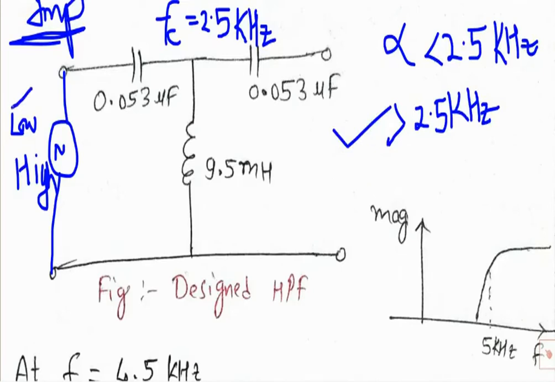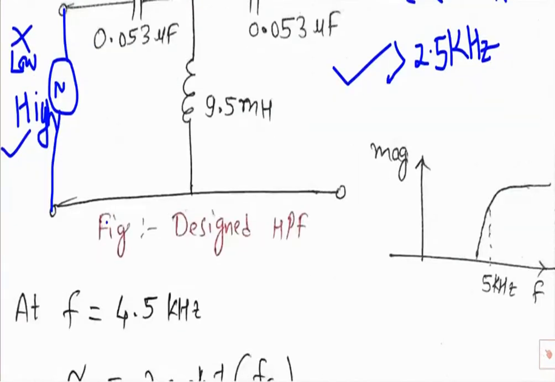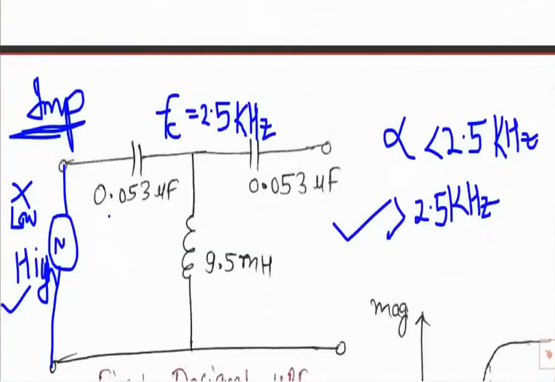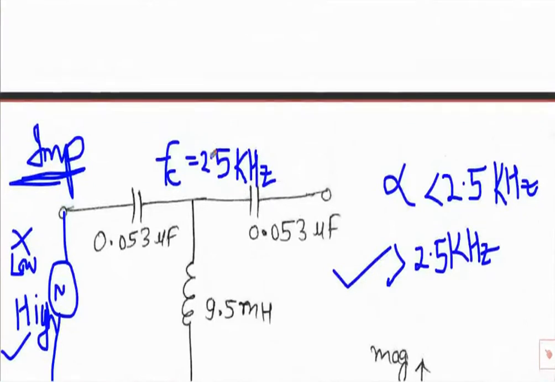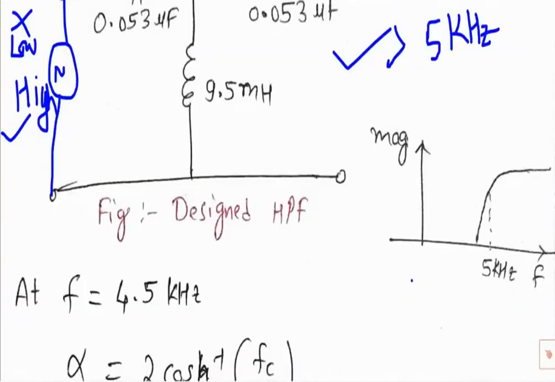So it will not pass low frequency, it will pass high frequency. Okay, sorry, the cutoff frequency is 5 kilohertz, not 2.5. So frequencies less than 5 kilohertz will not be passed by this filter, and frequencies greater than 5 kilohertz will be passed by this filter.